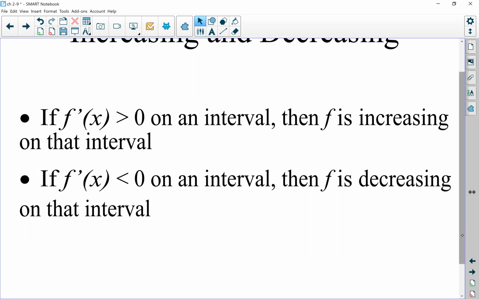So if our derivative is positive, if it's greater than 0, then f is increasing. And if our derivative is less than 0, f is decreasing.